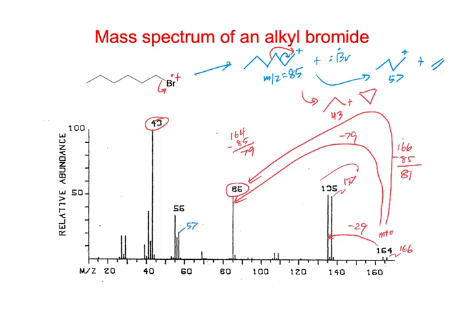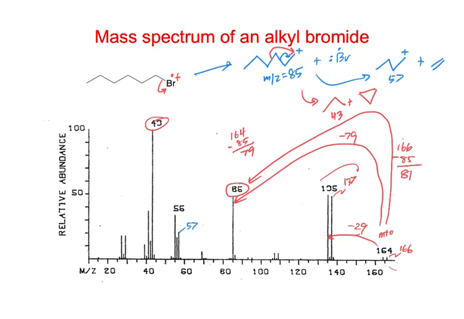Now for the loss of 29, we have bromine still in the molecule. So let's see here, 135, the red one.